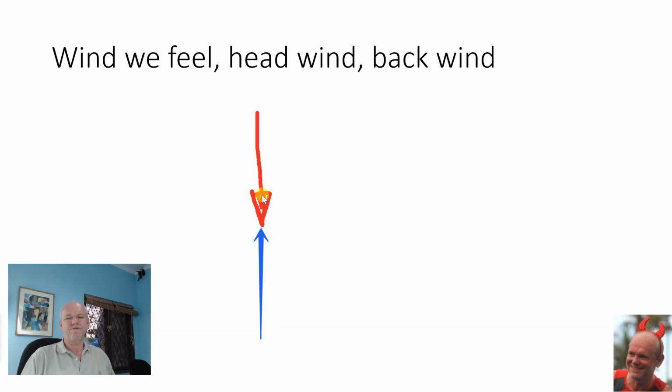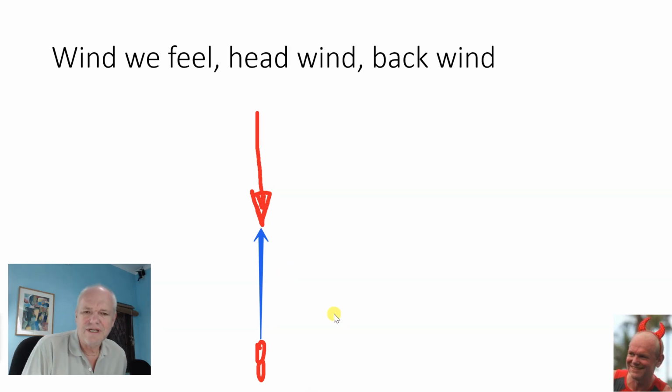So what we feel is a wind from the opposite side, also the same length, 30 kilometers per hour. Here is our bike, going in the direction up, and we feel that the wind is coming to us like that.